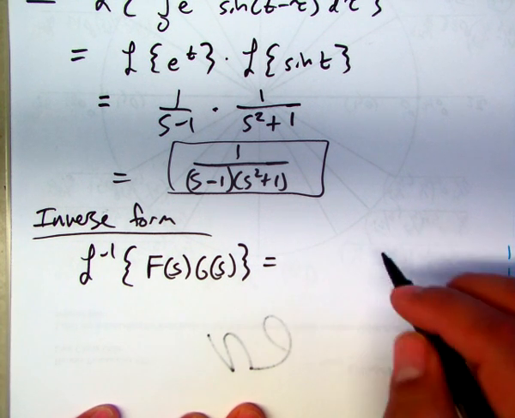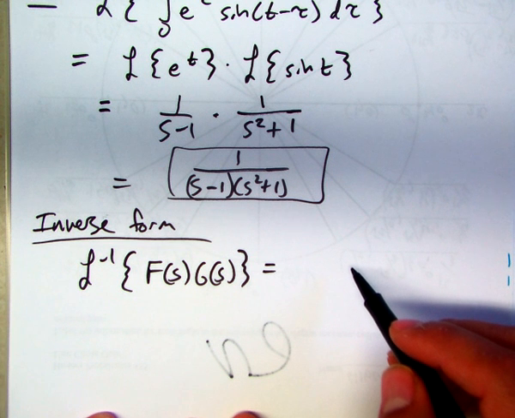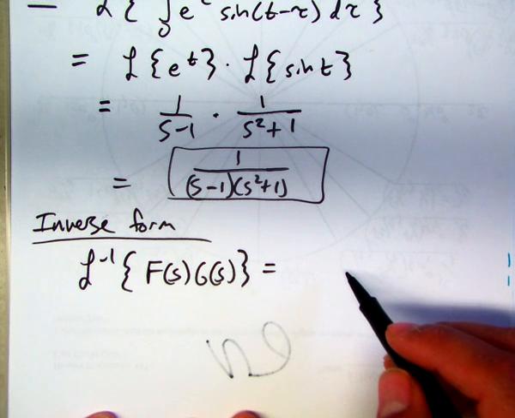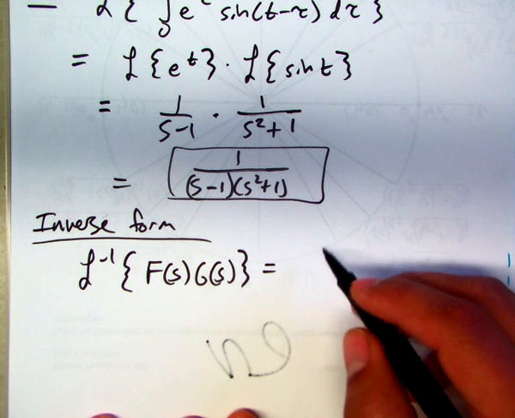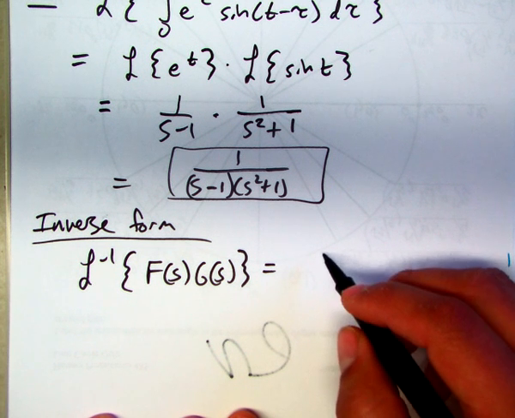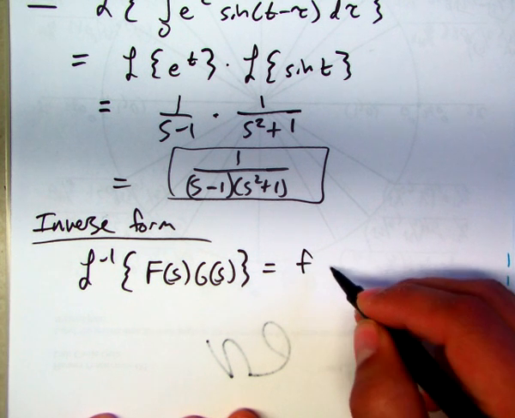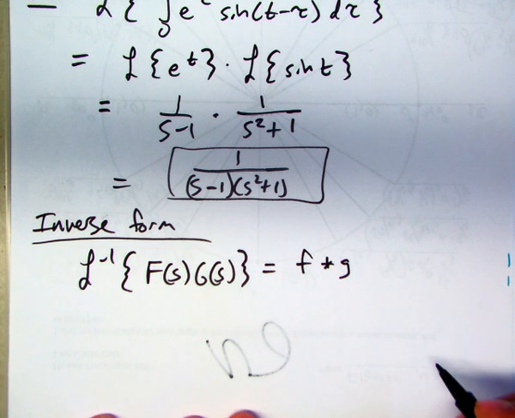This would be equal to what? If we're going the other way, this is the convolution of f and g.